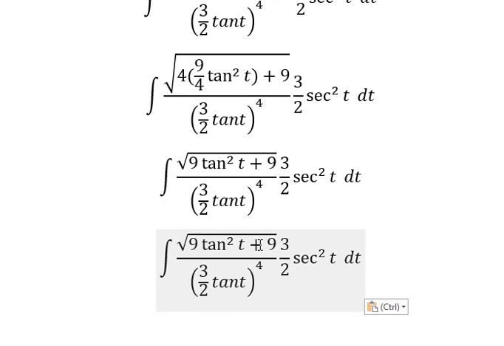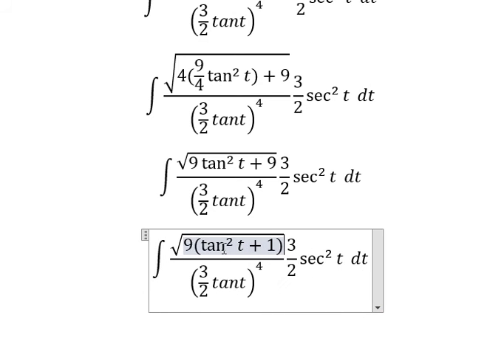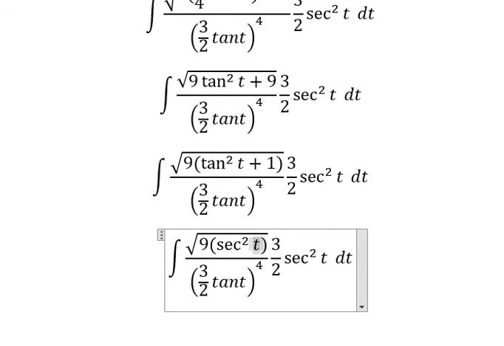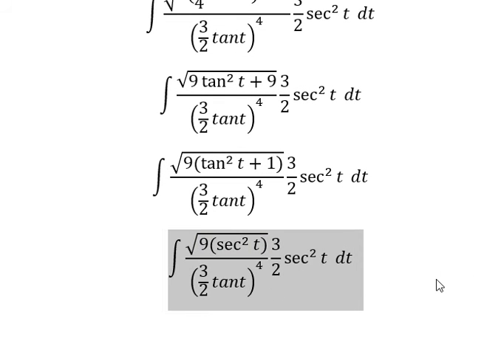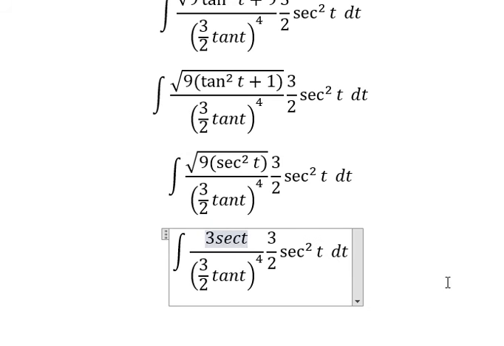The 9, we can do factorization. And we have tan² t plus 1. And this one, you get secant² t. The square root of 9 secant² t, you get 3 secant t.